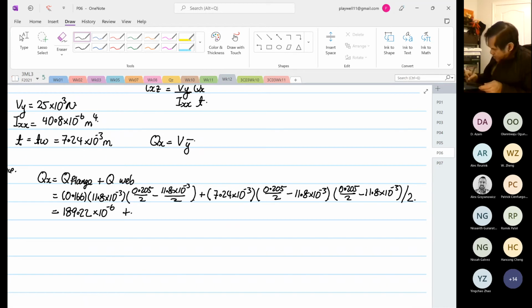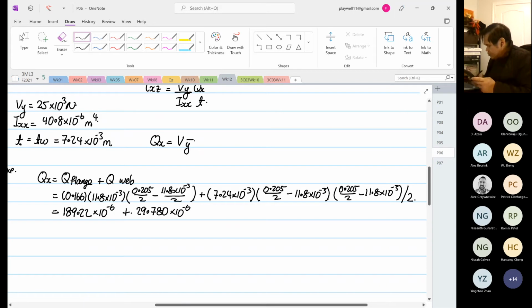So this will be 29.780 times 10 to the power minus 6. I'll do it again: 0.205 divided by 2 minus 11.8 power minus 3, squared, divided by 2, times 7.24 power minus 3. 29.780.